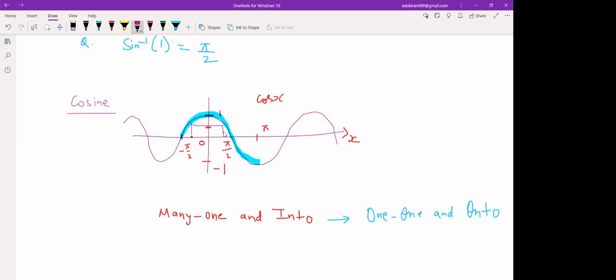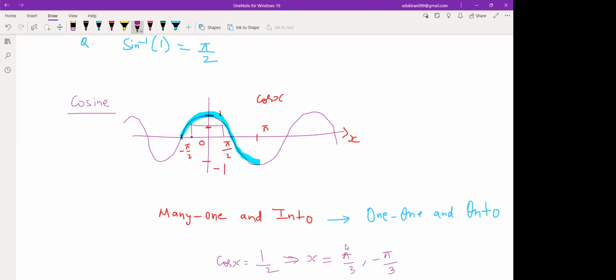If you take a value half, half is equal to cos x, you will get x as pi by 3 as well as minus pi by 3, because minus pi by 3 also gives you a positive value in cos.